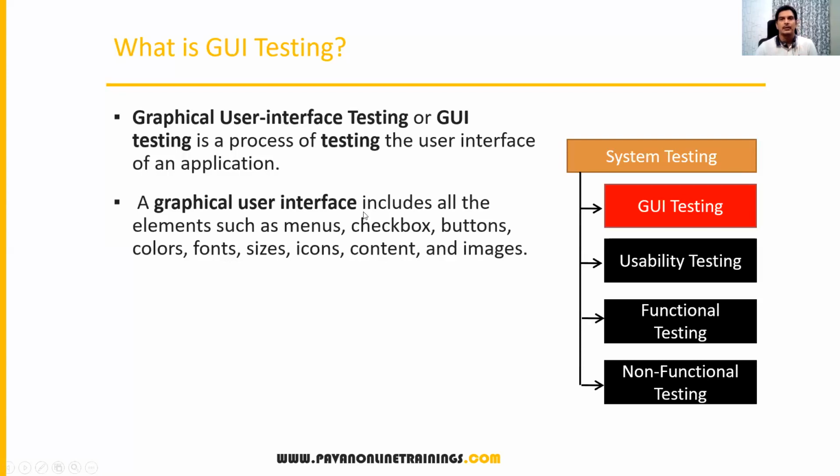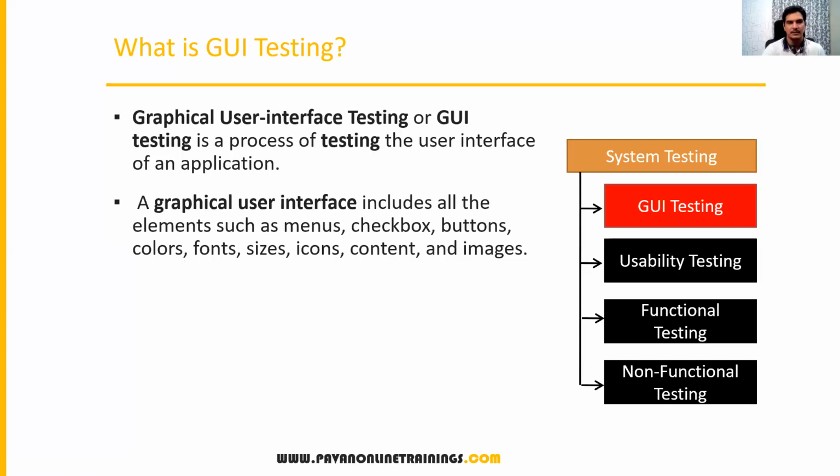A graphical user interface includes, as I said before, elements like menus, checkboxes, buttons, colors, fonts, sizes, different icons or content or images. So all these things we are going to test as part of GUI testing. So our main focus is on the UI part, not exactly the functionality.